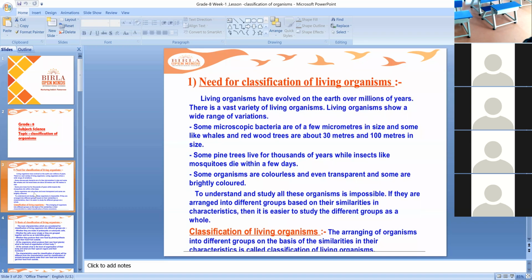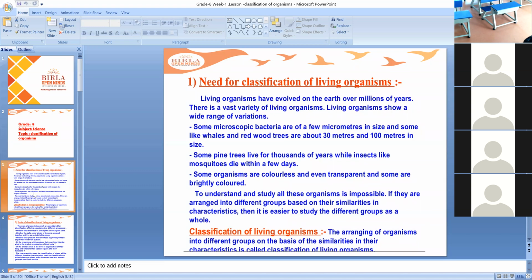What is the classification of organisms then? Arranging organisms into different groups on the basis of the similarities in their characteristics is called classification of living organisms. Some microscopic bacteria are very minute, and there are so many things.